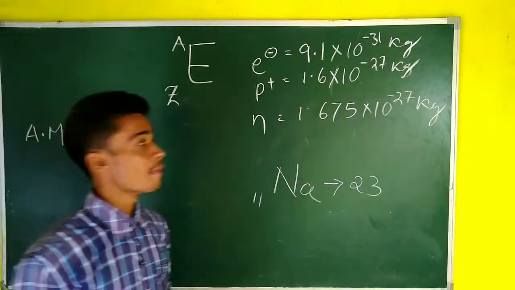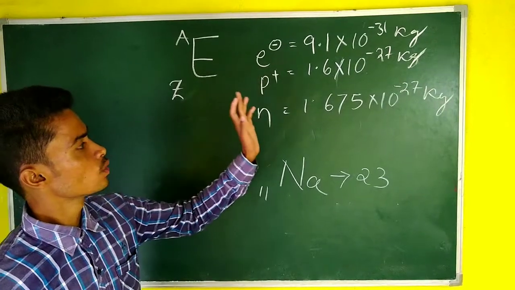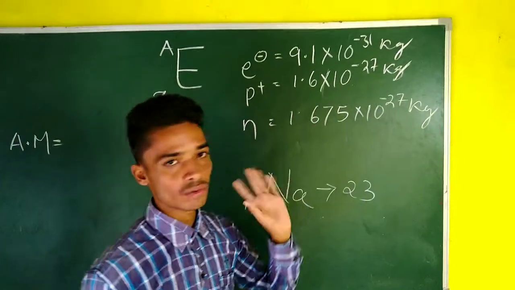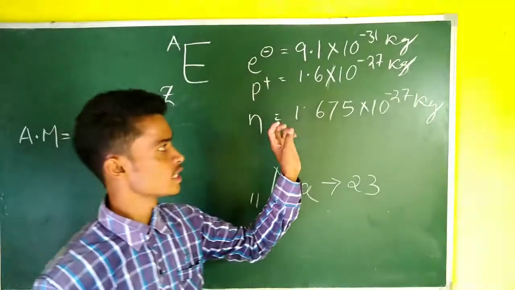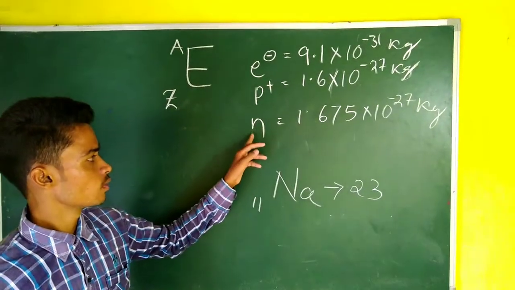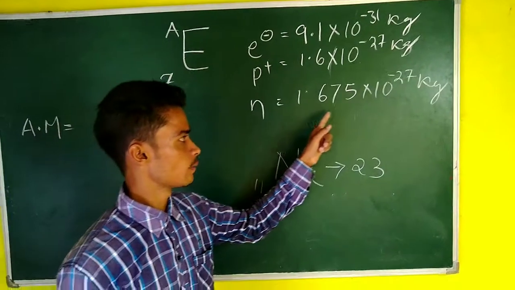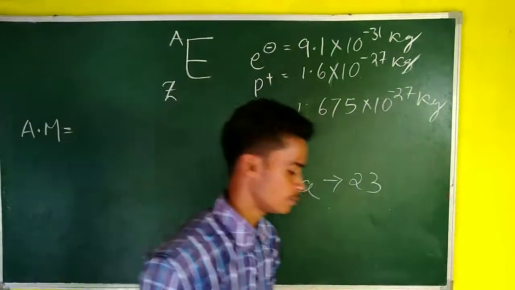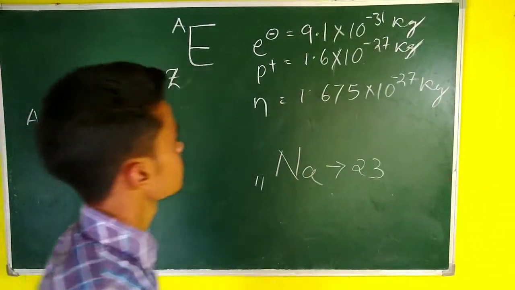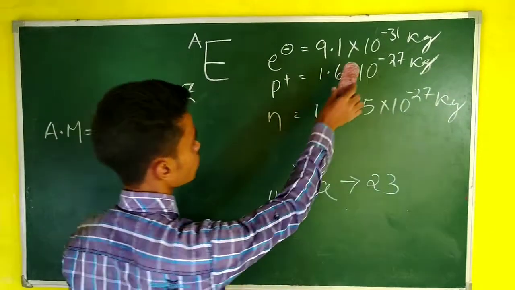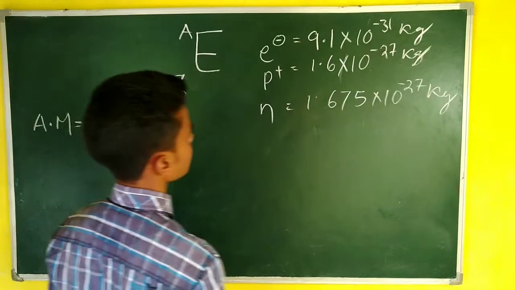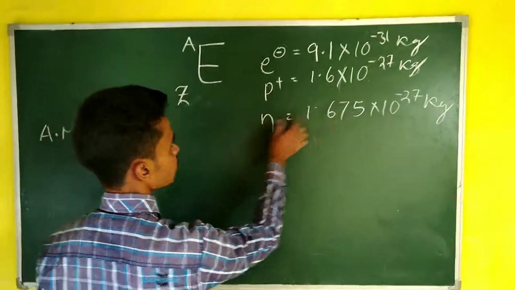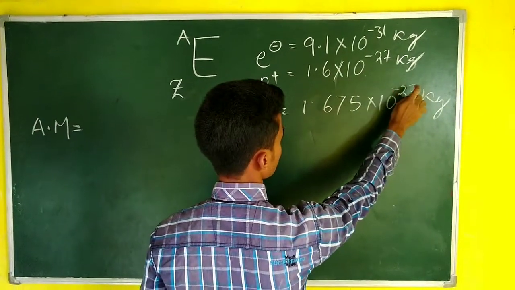Mass of electron is equal to 9.1 into 10 to the power minus 31 kg. Mass of proton is equal to 1.6 into 10 to the power minus 27 kg. And mass of neutron is equal to 1.675 into 10 to the power minus 27 kg. So friends, the mass of electron is minus 31, which means it is less, and the mass of proton and neutron is minus 27 and minus 27.